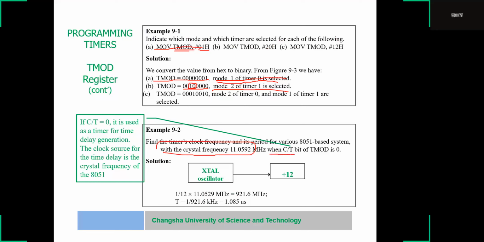When C/T of TMOD is set to 0, it is used as a timer for time delay generation. The clock source for the timer delay is the crystal frequency of the 8051.